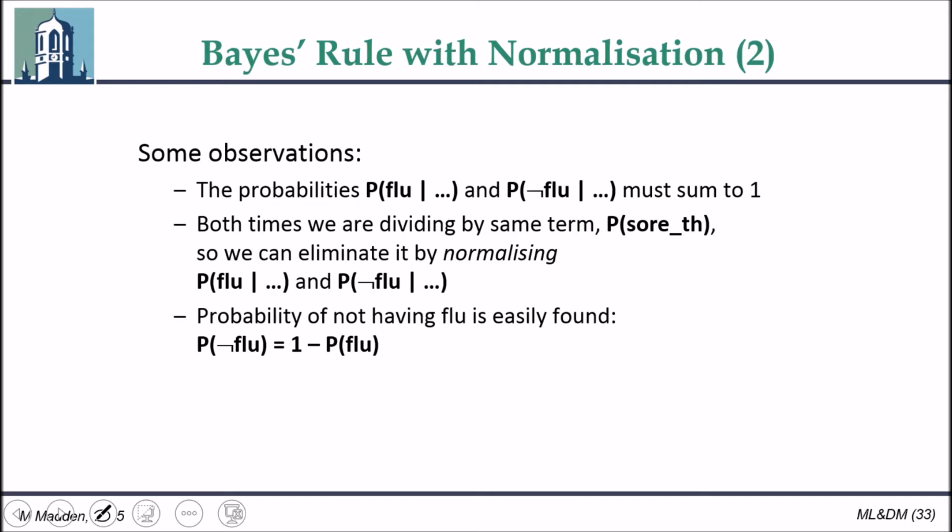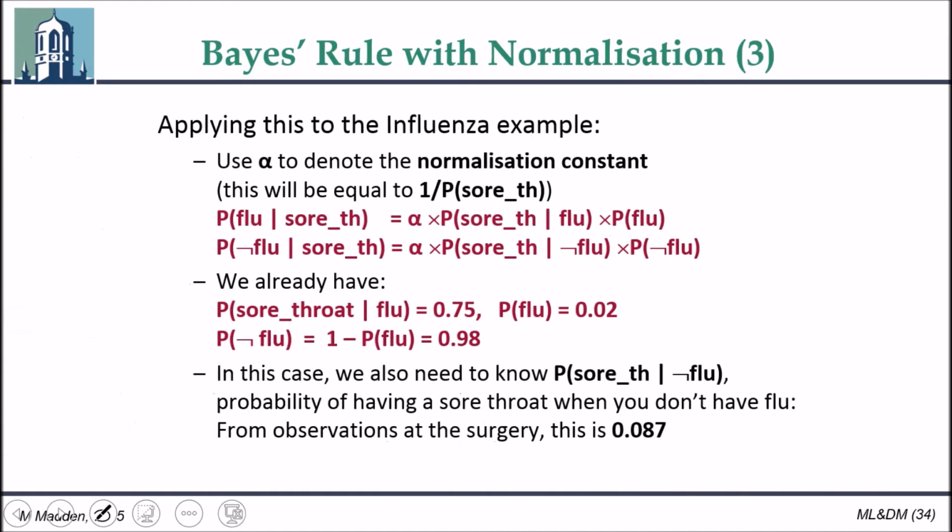Also, we should note the absolute probability or prior probability of not having the flu is just 1 minus the probability that you do have the flu. So let's take those observations and apply them to the example. We will use this term alpha to denote what we're calling a normalization constant.